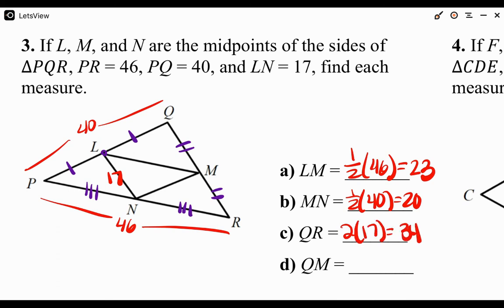And QM is going to be equal to half of 34. M being the midpoint means that we take half of the 34, which gives us 17. And what we notice here is that our midsegment is equal to half of our segment on the other side, so these end up being the same length.